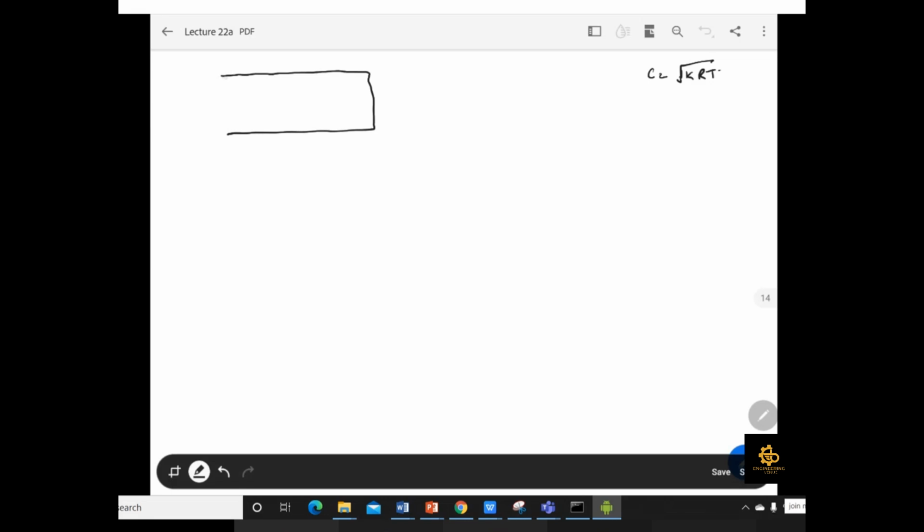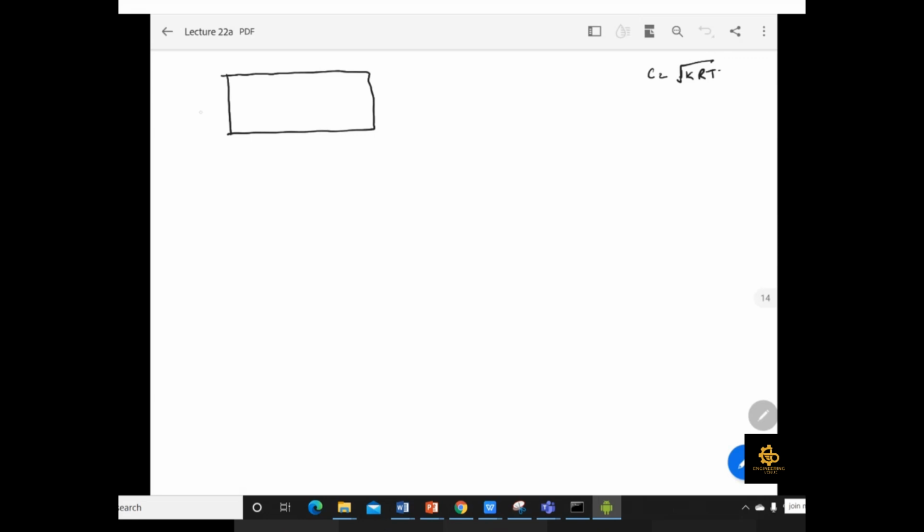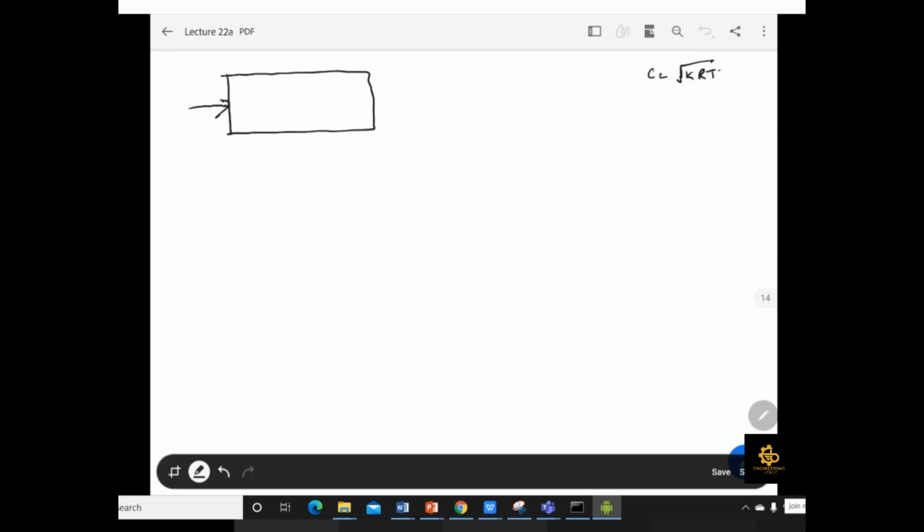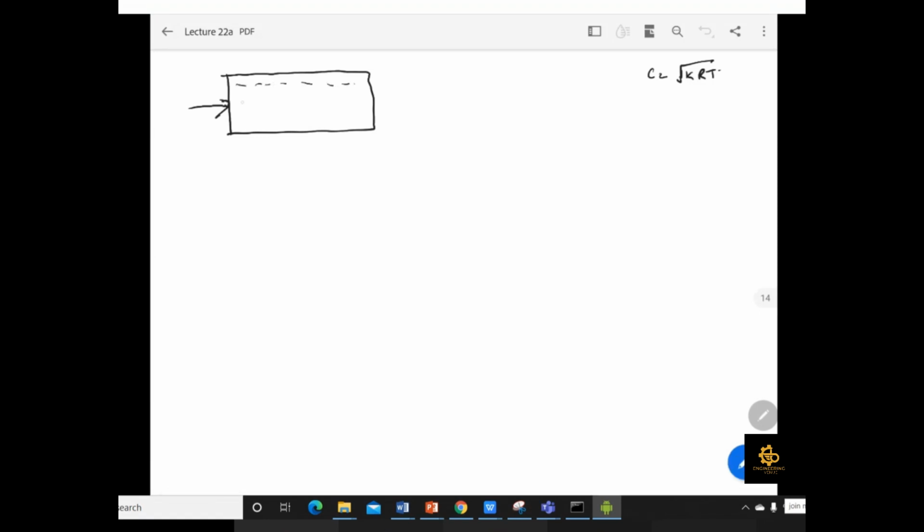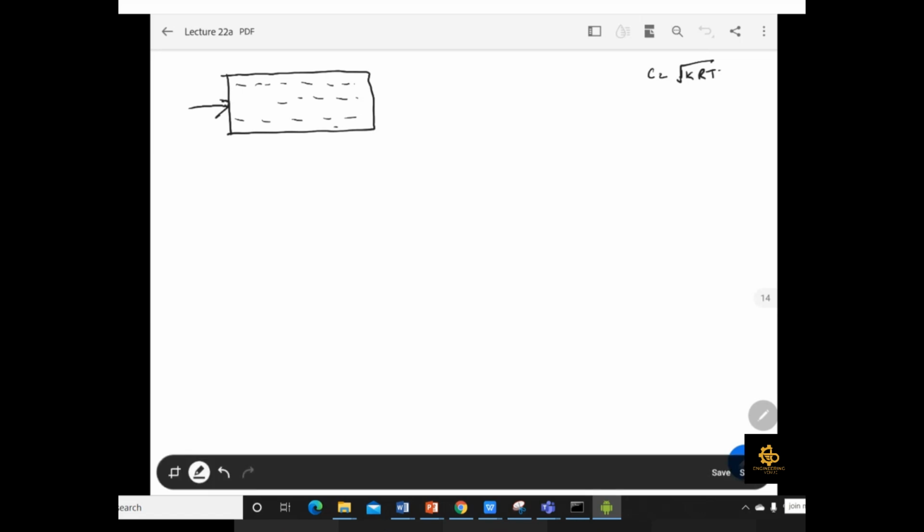Our piston is at this time somewhere here, so this is our piston, and inside there is some fluid with some specific heat.